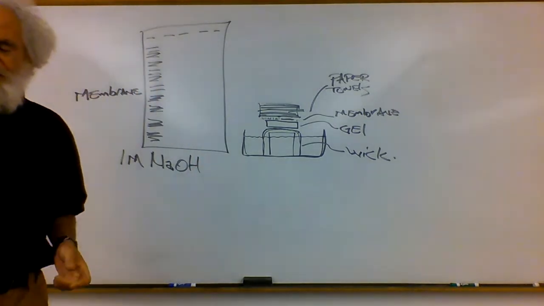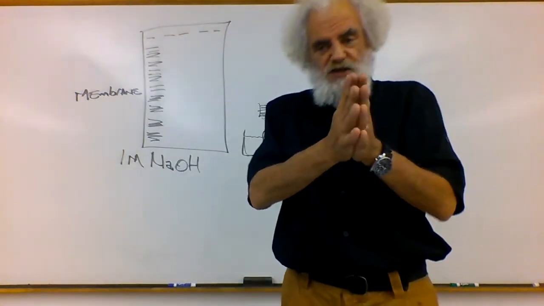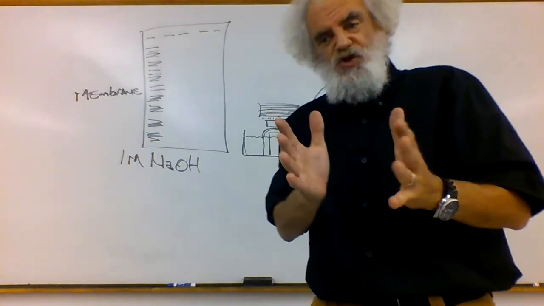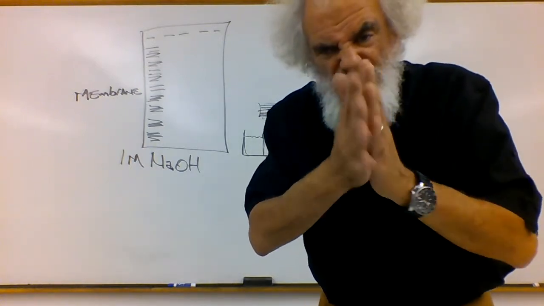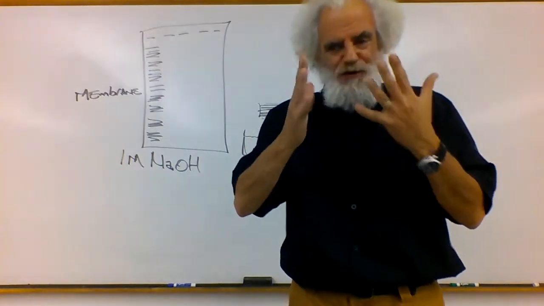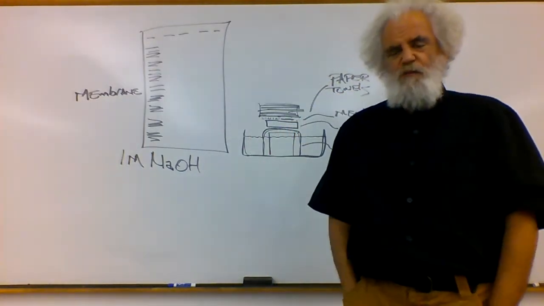What 1 molar sodium hydroxide is going to do is cause the DNA to absolutely open up and separate. Now, I used to worry, but hey, if it's on this blot, isn't it right next to each other? Nah, it pulls it apart, and they don't re-anneal on the paper very well. So you soak it in 1 molar sodium hydroxide.